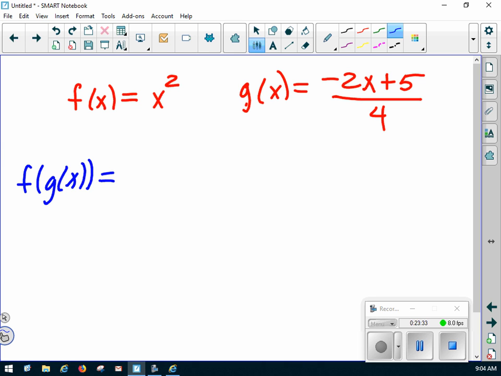What function happens first? G. Well, what is g of x? It's this. So what's going into f? This, right? So write it like this: f of negative 2x plus 5 over 4. Now I want you to write it the way I'm writing it, okay?